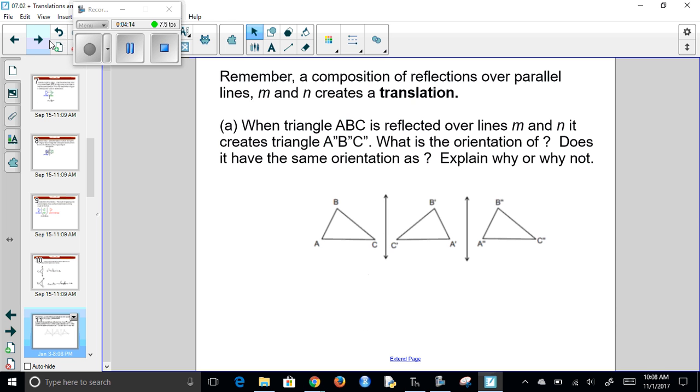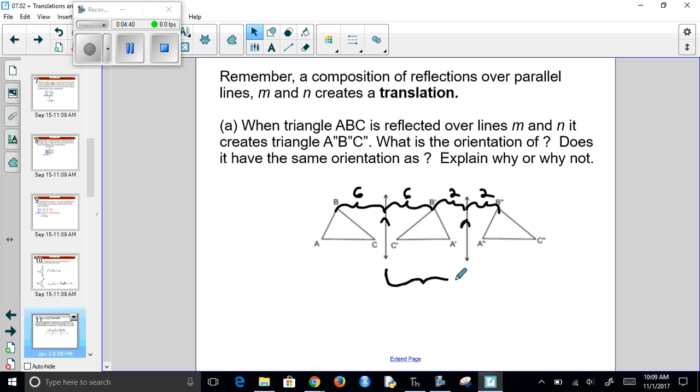Now, if we are going to do a reflection and then a reflection again, and these two lines are parallel lines. If, let's say this distance here is 6, wouldn't this distance here also have to be 6? If this distance is 2, that distance would be 2.